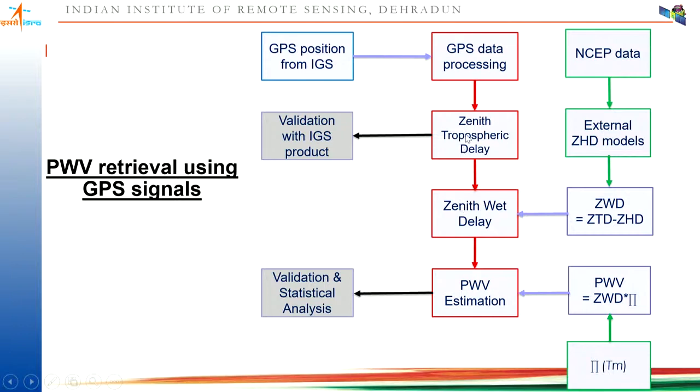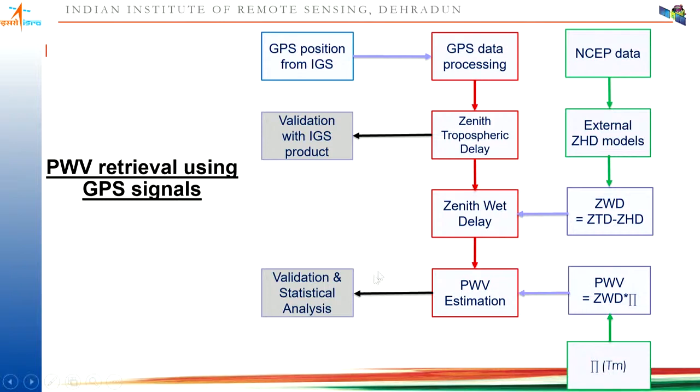This zenith tropospheric delay is a combination of two components: one is the zenith wet delay, and the other is the zenith hydrostatic delay.